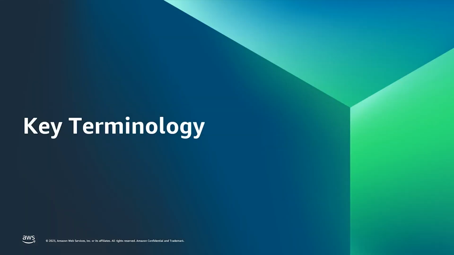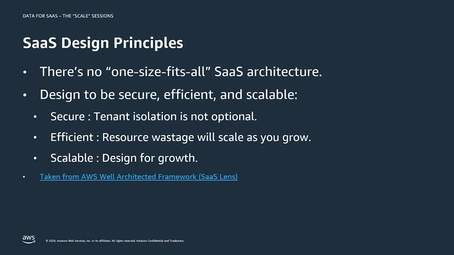To start with, let's just recap on some key SaaS terminology and concepts that I hope you've already become familiar with throughout our earlier sessions. In terms of SaaS design principles, your design needs to be secure, efficient, and scalable. There is no one-size-fits-all in terms of SaaS architecture. You need to isolate your tenants. It's not optional.